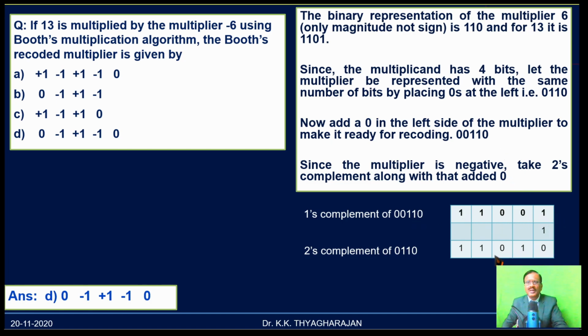You add 1. You will get 2's complement as 1 plus 1 is 0 and you will have a carry 1. Then the rest will be as it is, 1, 1. So the 2's complement of 0, 1, 1, 0 is this one. Now it is ready for getting recoded. You recode this, but before recoding, you have to add a 0 in the rightmost position. Let us see.